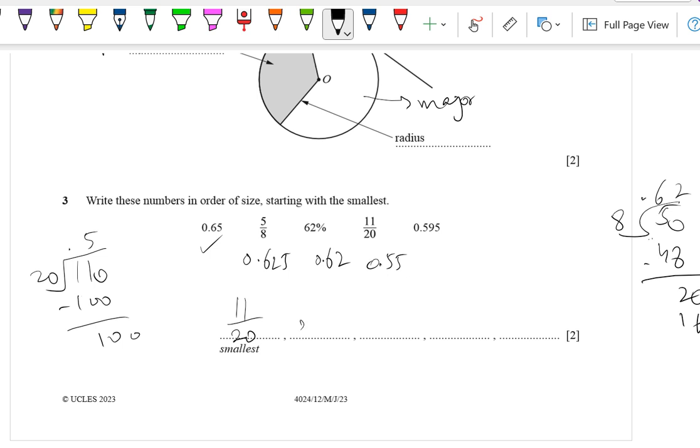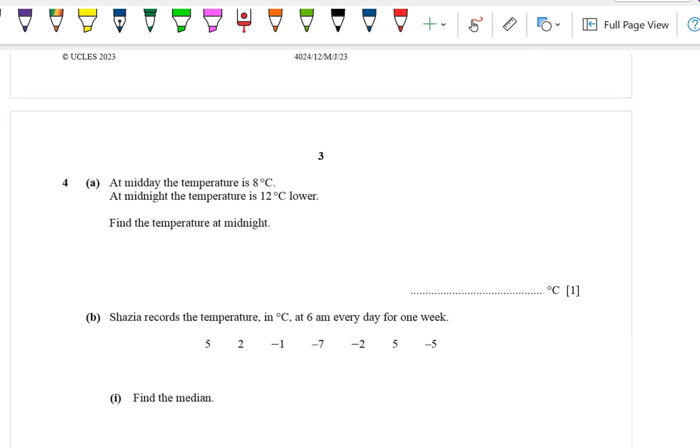Then comes 0.595, 0.62, 5 by 8, and 0.65. 12-degree lower means it will drop and we'll subtract it.